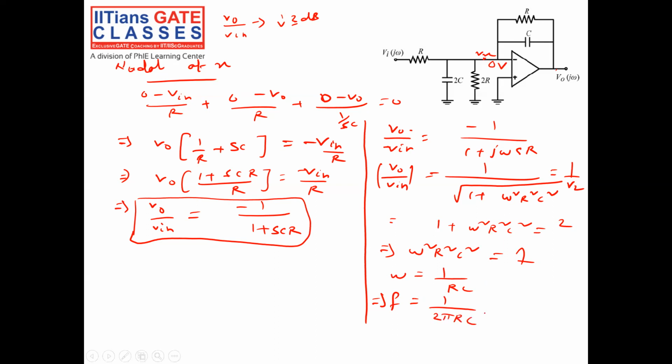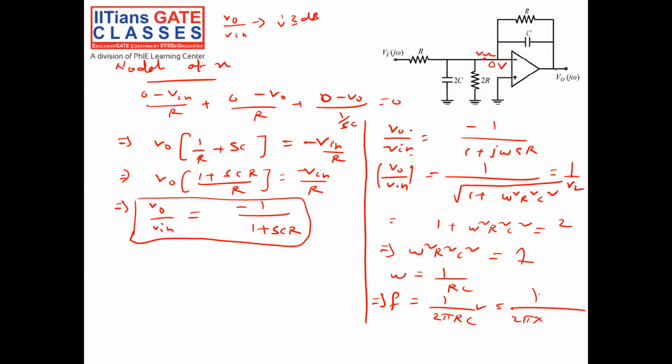Okay, see what I have done. I have calculated V0 by Vin. Then I have to know at what frequency omega it will drop by 3 dB, which means it will drop to 1 by root 2 times. Then I calculate the frequency at which it becomes 1 by root 2. The frequency comes to 1 by 2 pi RC. So calculate the frequency 1 by 2 pi.